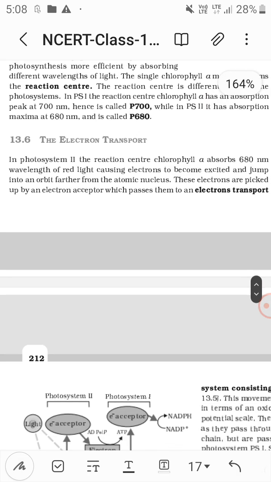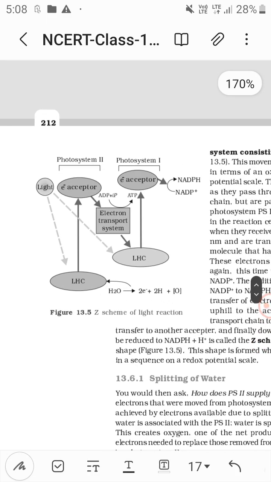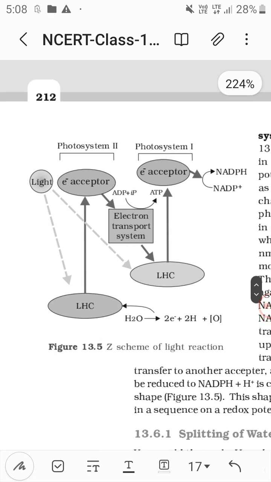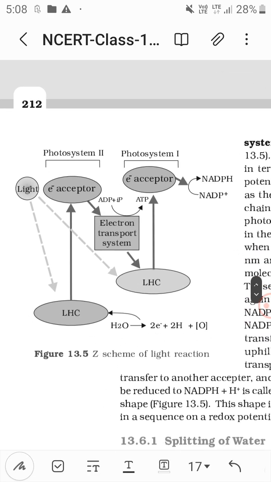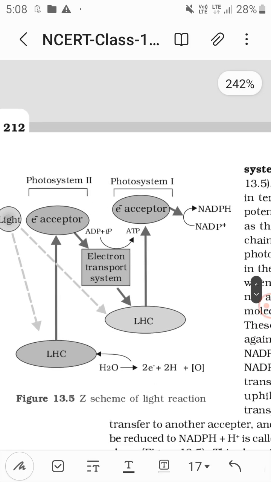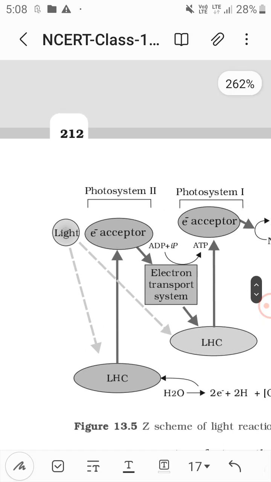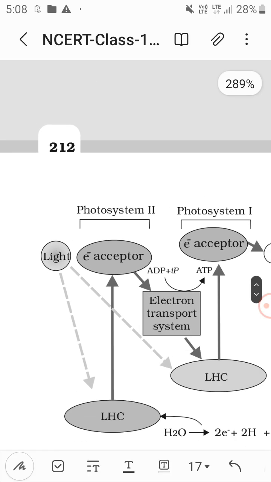Now, the electron transport system. You see in the diagram the Z scheme of the light reaction: LHC, then electron acceptor, then LHC, then electron acceptor, then NADP plus is reduced to NADPH. So light falls on LHC, then the electron acceptor. This is photosystem 2.